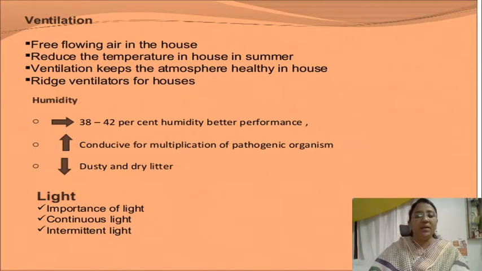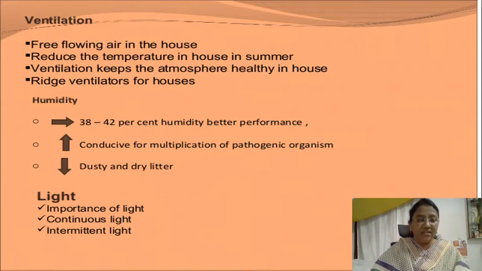Humidity also plays a vital role. For better performance, we require relative humidity to be 38 to 42%, since higher humidity is very conducive for multiplication of pathogenic organisms. Dust and litter play another role. Light also plays a major role in the development of the birds.